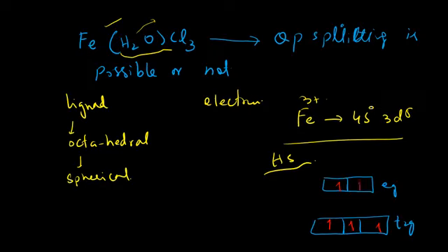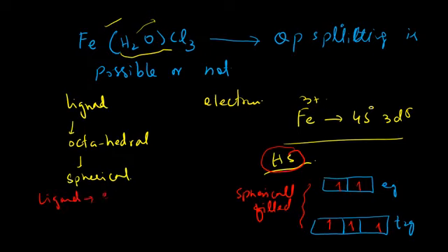Here you can see that electron pairing is not possible in the case of high spin. First a single electron goes to each energy level for the high spin case. Again, you can see that these are spherically filled, or you can say the electron filling is symmetrical. So both the ligand symmetry and the electronic symmetry for this compound are spherical.